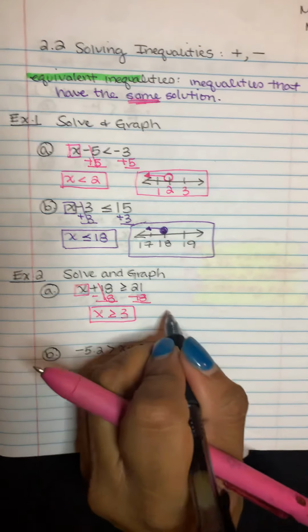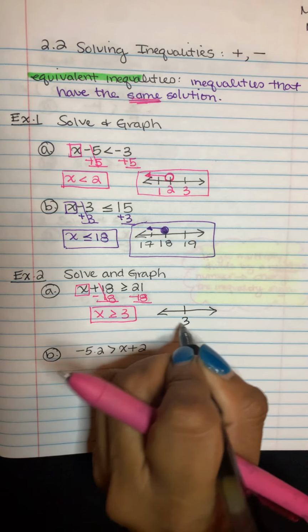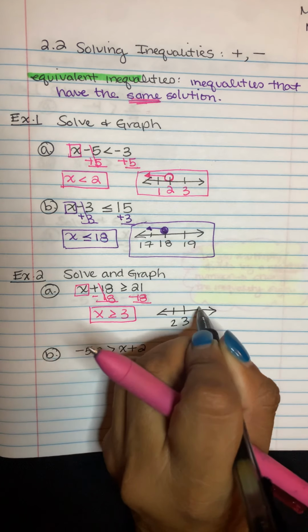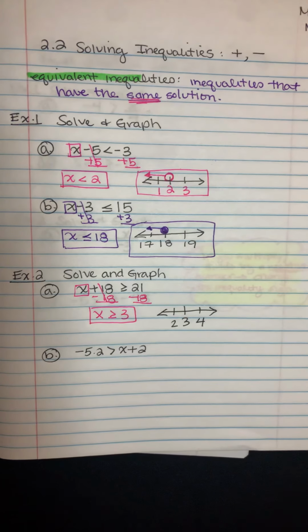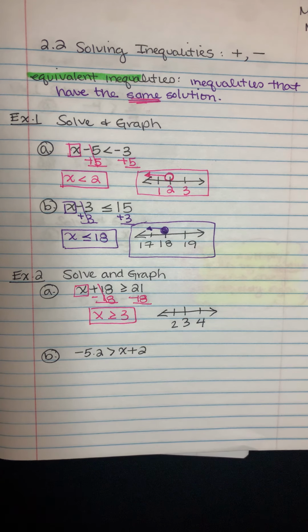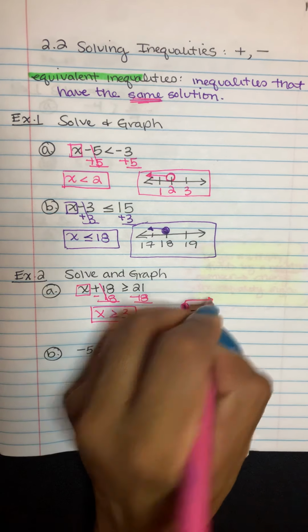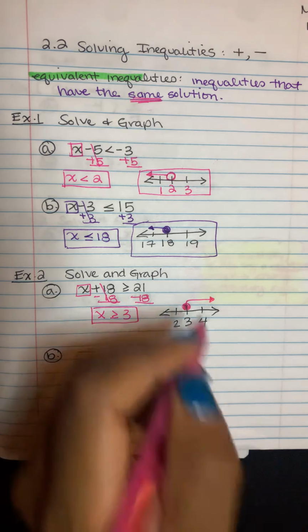Let's go ahead and draw a graph. We want to include 3, so you can put 2, 3, and 4 if you like. You can put 1, 2, 3. X is greater than or equal to 3. So it is going to be a closed dot, and all the numbers that are greater than are going to be to the right.